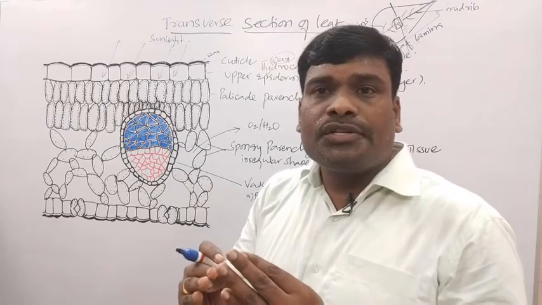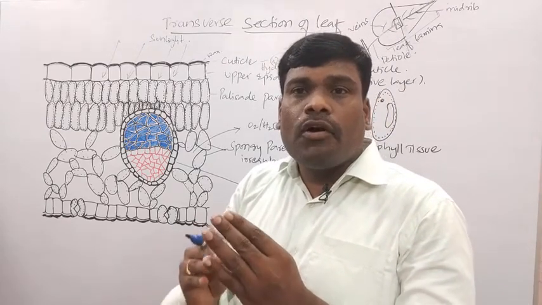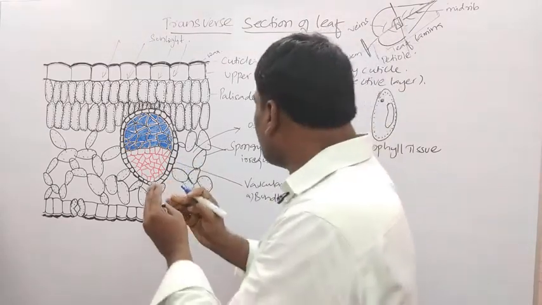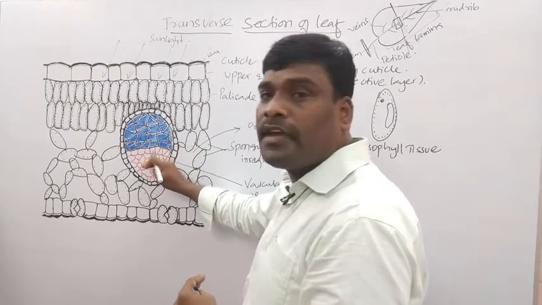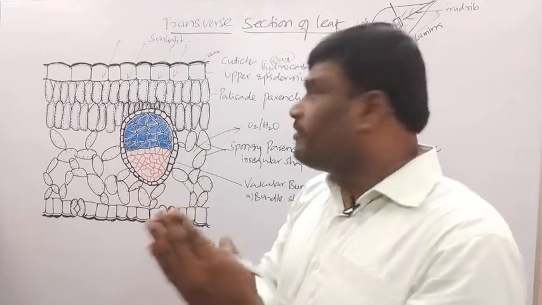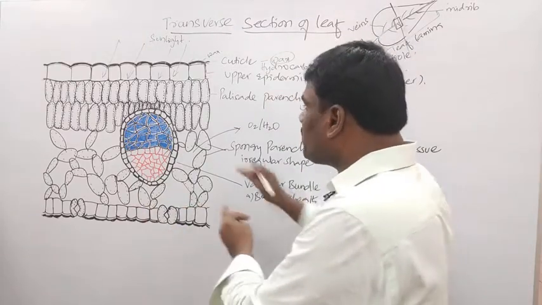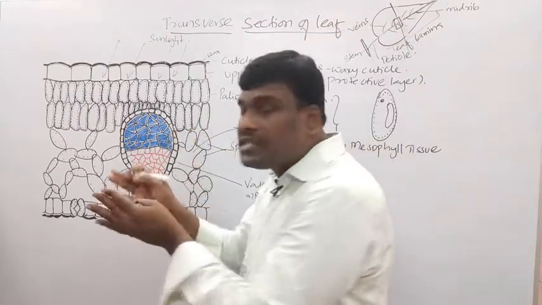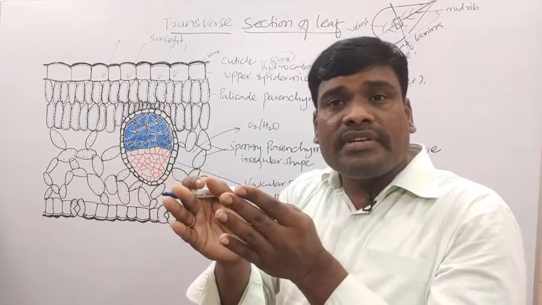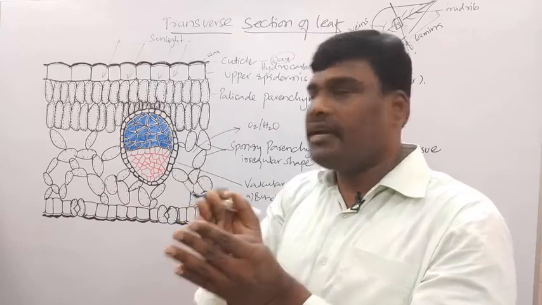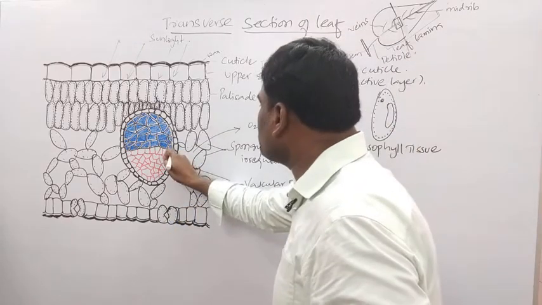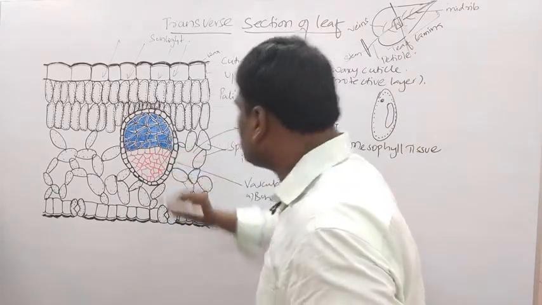The work of the bundle sheath is to pack the xylem vessels as well as the phloem vessels together. So this is the bundle sheath, children.